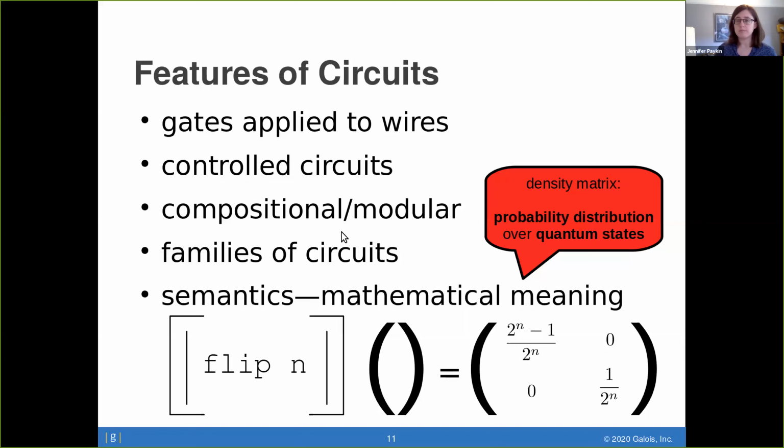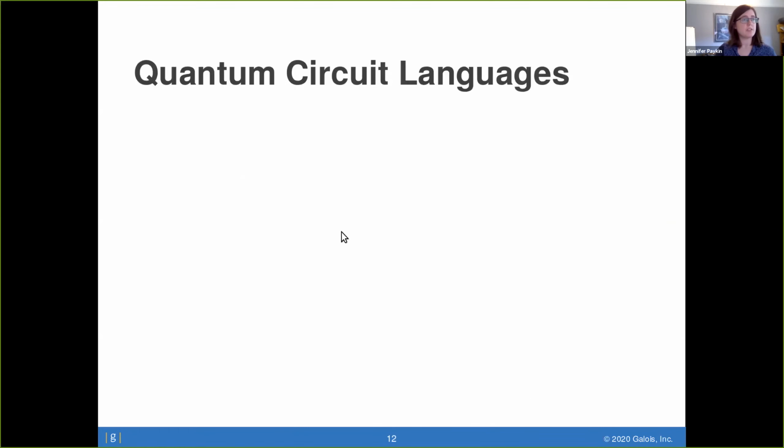Okay. If not, I want to give a pretty brief overview of quantum circuit programming languages that exist in practice.